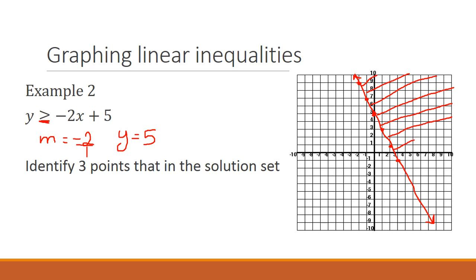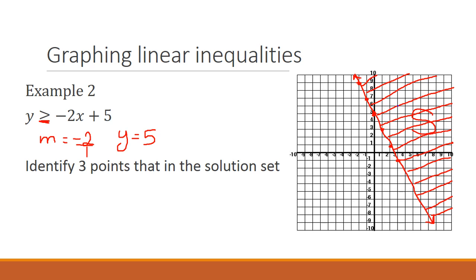Any point on the line or in the shaded area satisfies this inequality. Any single point that is not in the shaded area or on the line does not satisfy this inequality, which means the only points that we can choose for the solution set are in the shaded area or on the line.